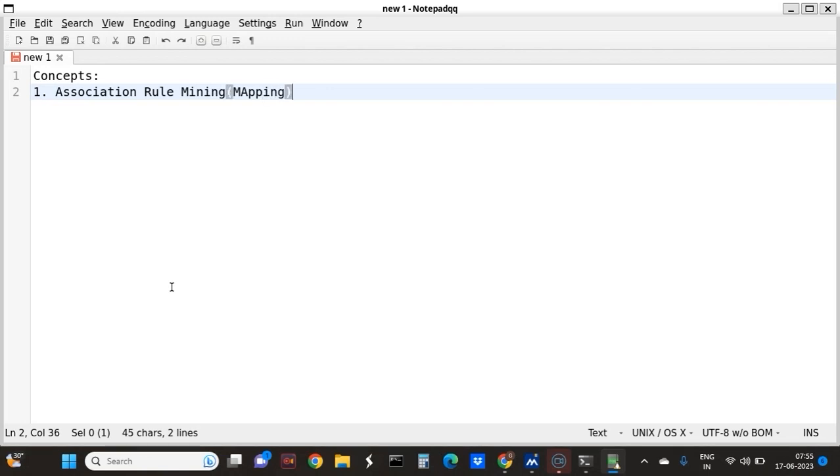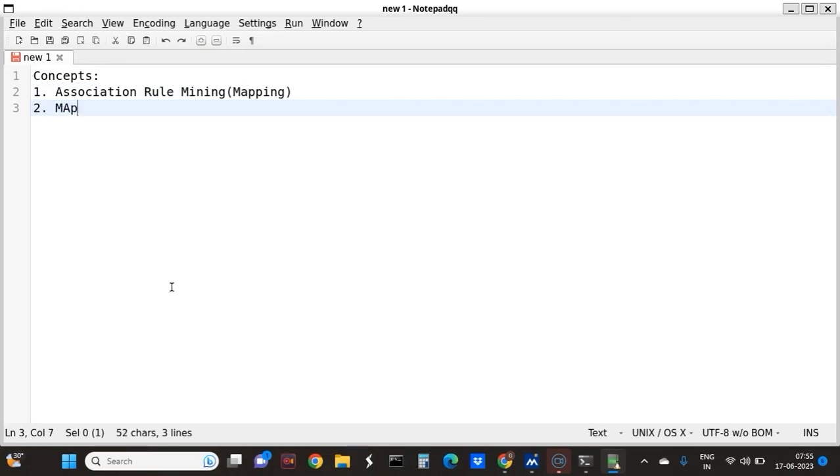Both mean the same thing. Then we will see the Hadoop and the MapReduce paradigm.